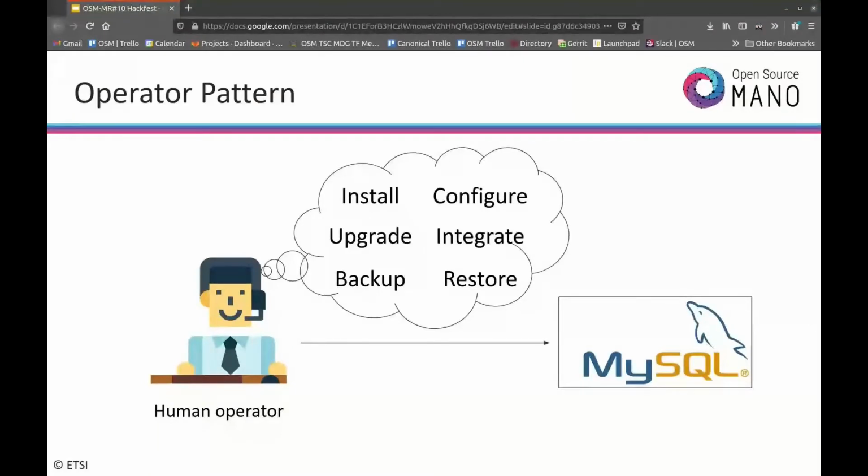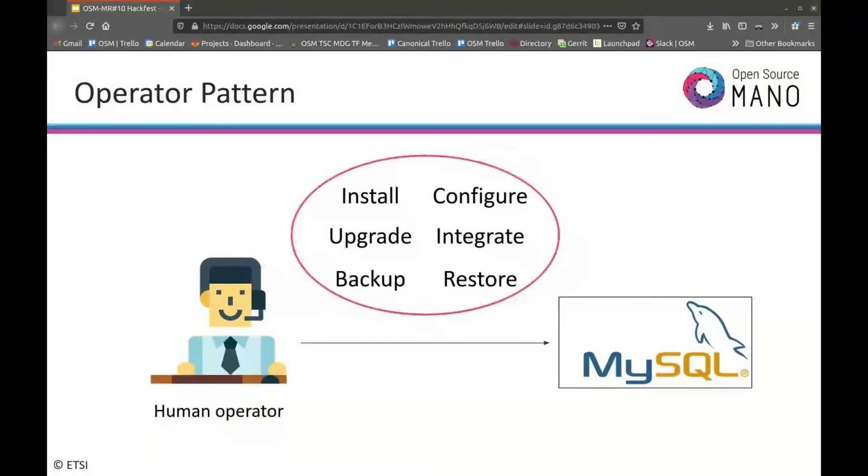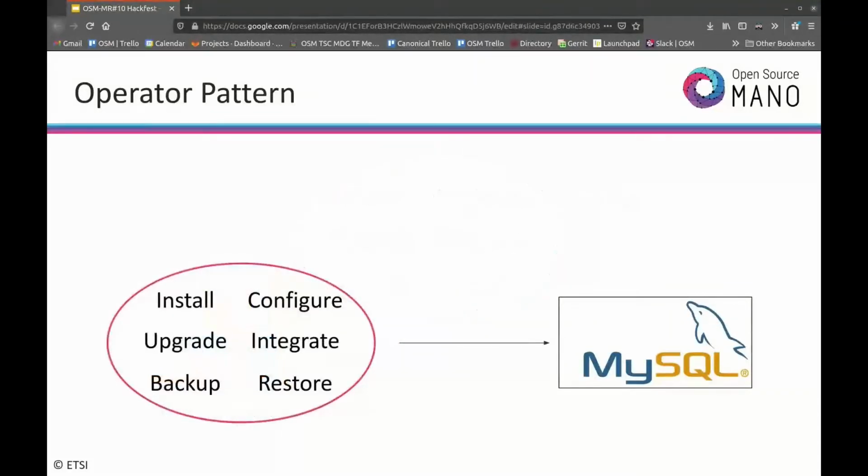So with the operator pattern, what it tries to achieve is to encapsulate all that knowledge of the human operator and put that as code. This means that the human operator could be totally replaced by code.